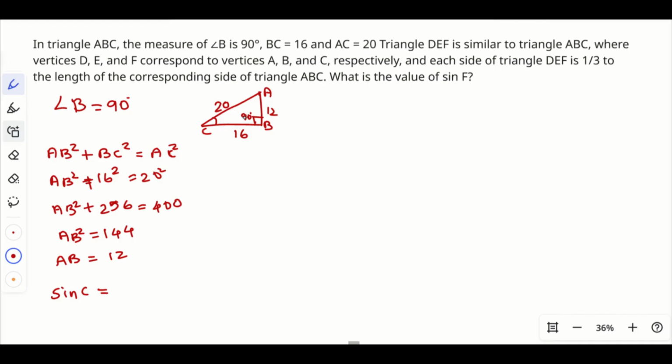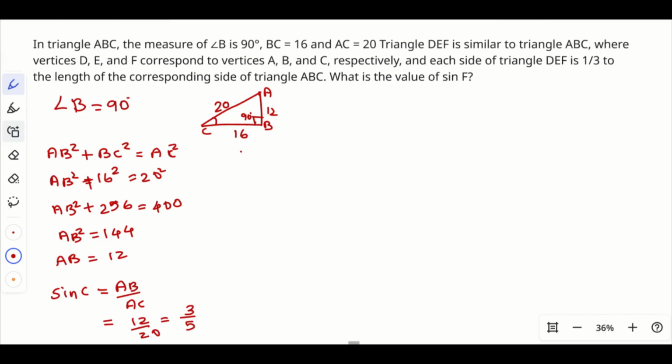Our opposite side is AB, and our hypotenuse is AC. So sine C is AB by AC. Now you can substitute the values, that is 12 by 20, which you can cut down, so that will be equal to 3 by 5. So now you got sine C is equal to 3 by 5.